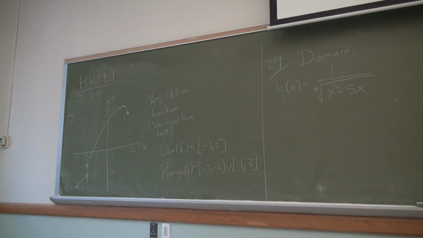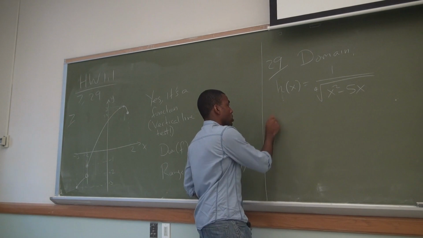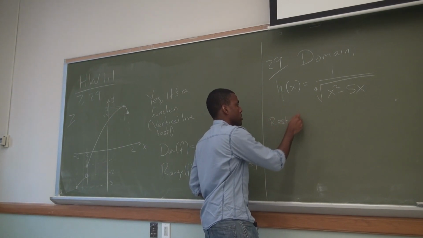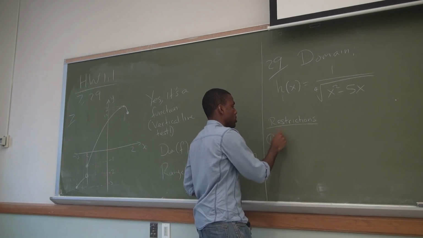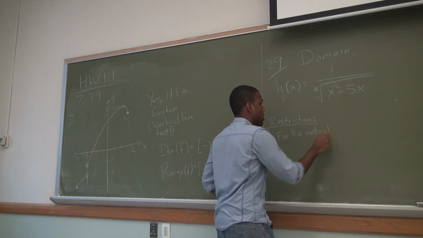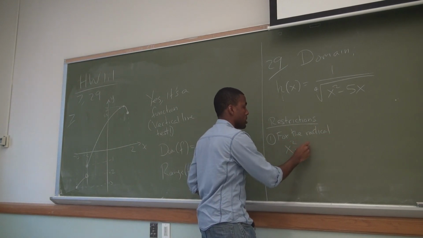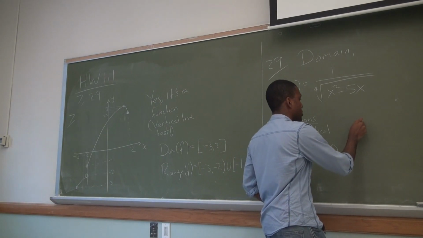We can factor x. And then what are the requirements? x squared minus 5x is actually positive. So our restrictions here: one, for the radical, you need that x squared minus 5x must be greater than or equal to 0.